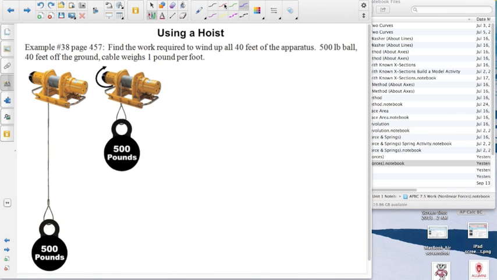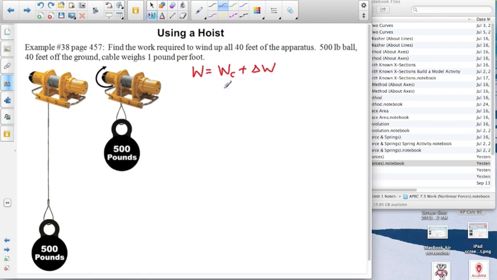So like the last problem, since we have a chain that is getting shorter and shorter, we have a constant work component, and that's just the load being lifted, and we have an incremental work component, which is the chain being wound up.